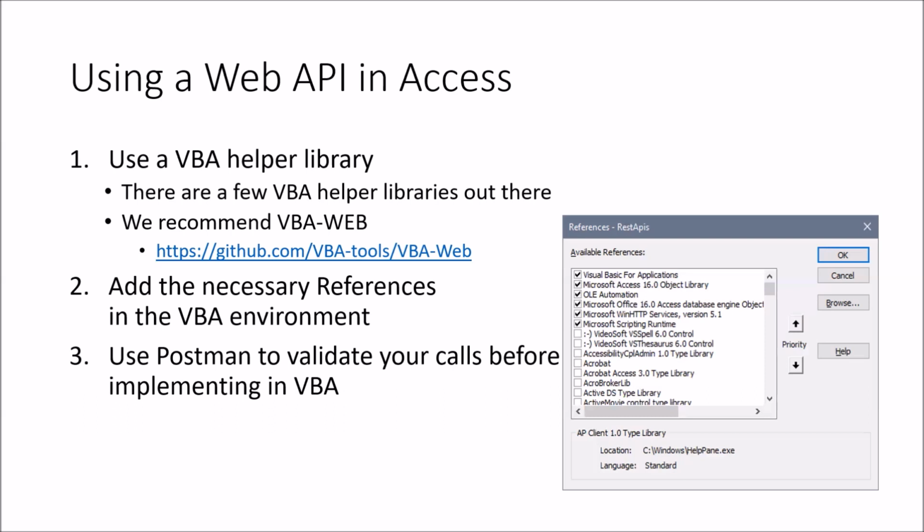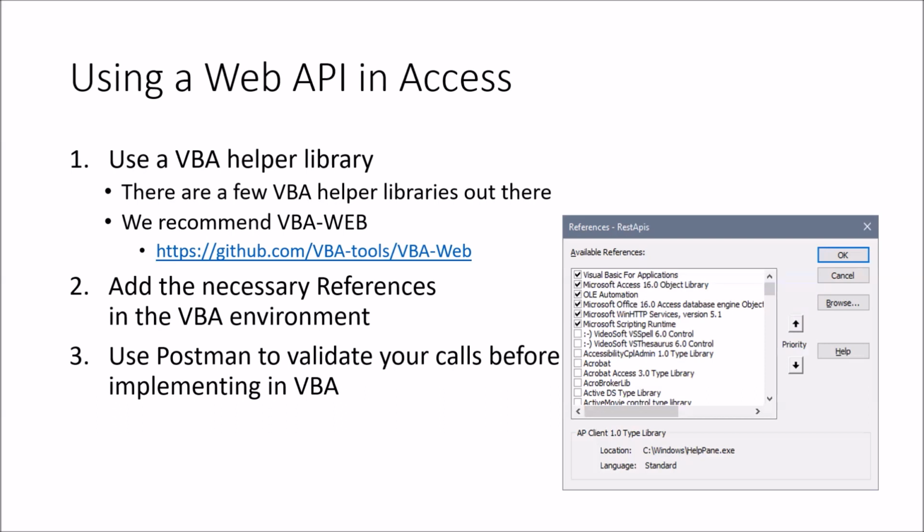You also need to add necessary references in the VBA environment. So you can see over on the right there, in addition to VBA and the Access and the OLE automation, I also have the WinHTTP services and the Microsoft scripting runtime. So those are two things that you will need to make use of the VBA Web library, and those are installed on your system.